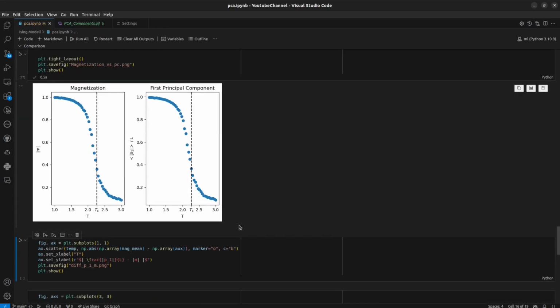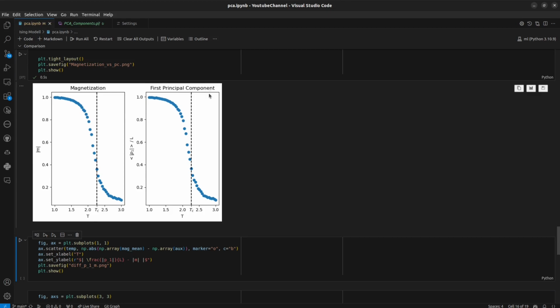Okay, what you see here is on the left you have the magnetization over temperature. So here for low temperatures we have high magnetization, so we're in the ordered phase. For high temperatures we have almost no magnetization, so we're in the chaotic phase. And this dashed line is the analytical critical temperature that we know from the Onsager solution.